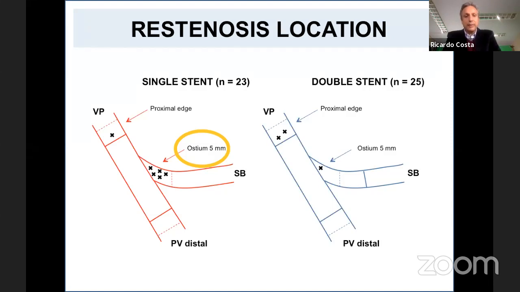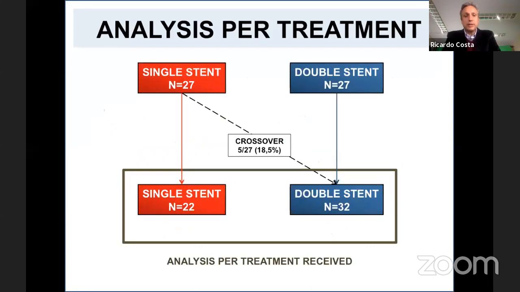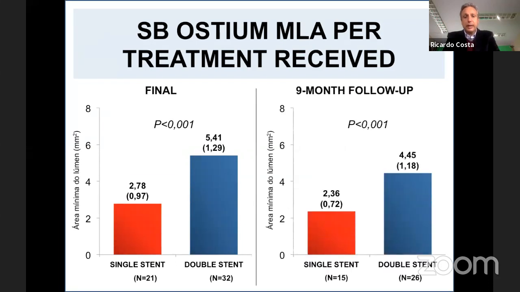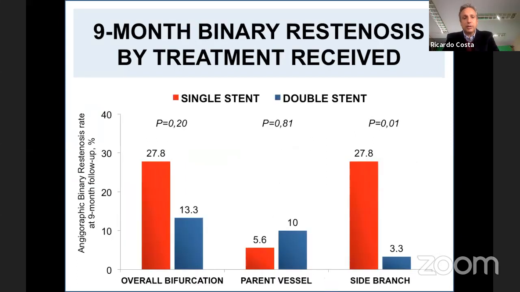And if you are guided by IVUS, you should guarantee a good luminal area at the end of the procedure in this particular location. When we perform the analysis per treatment received, we're going to see that this difference is even bigger, both at final and 9-month angiographic follow-up and invasively as well with IVUS, more pronounced in terms of the lumen area at the side branch osteal location.